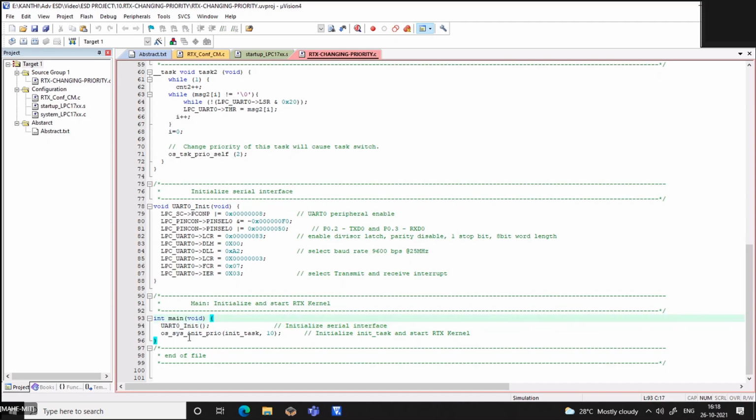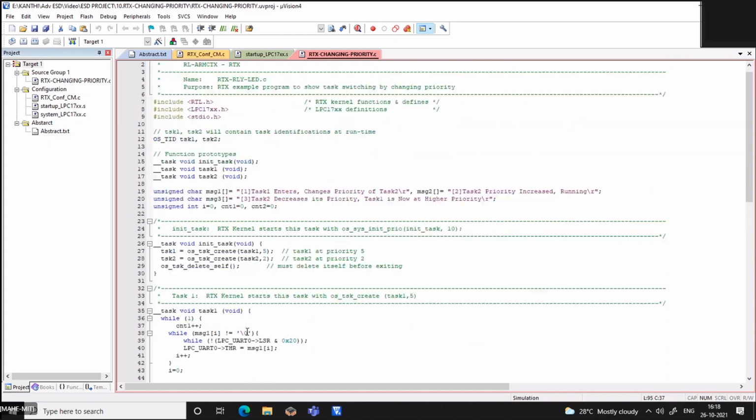In the main, I don't have anything because I'm not using any hardware here apart from the serial communication, that is a terminal for echoing the message which I transmit. I'm using only the UART, and there is an initialization given with the highest priority, as usual, OSS_init priority with 10. So we have done the initialization.